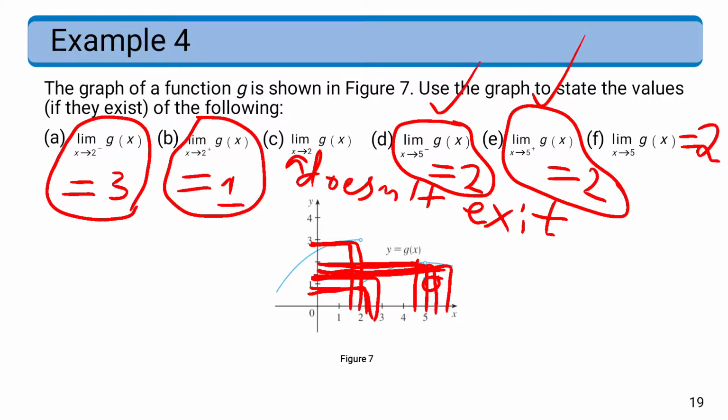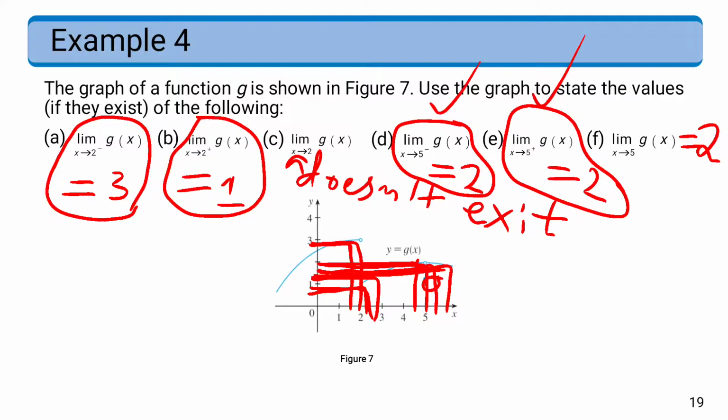So the limit of g as x goes to 5 is nothing but 2. For this one, you don't need to waste time because you've already computed the sided limits and you'll find that they exist and they are the same. So you can conclude the limit as we approach 5 of g of x.